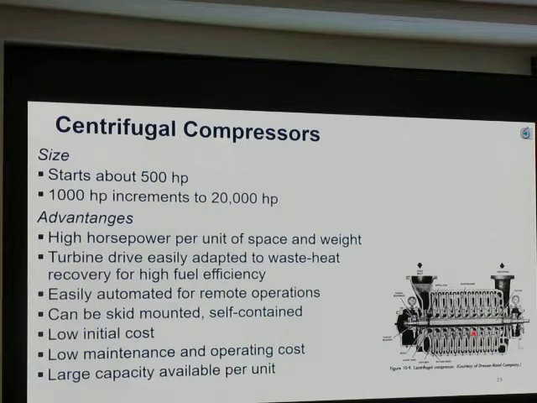Centrifugal compressor, it can do multi-stage, and it can do like 20,000 horsepower, and high horsepower per unit space and weight. Okay, so we don't require much space, but it has high horsepower. You read the list.